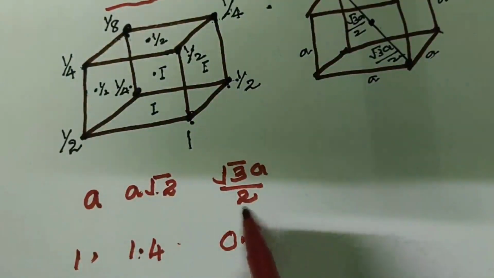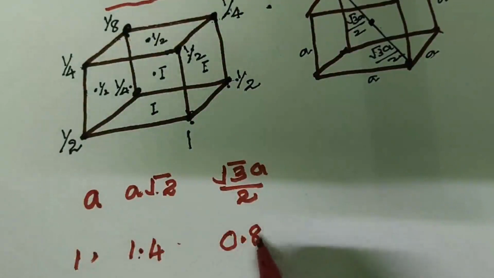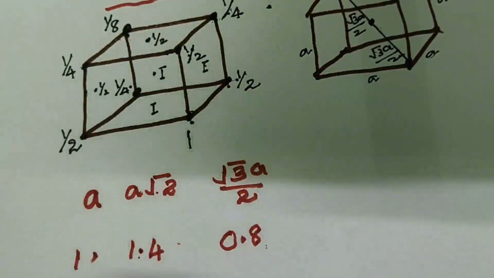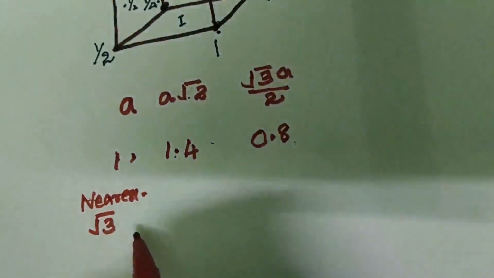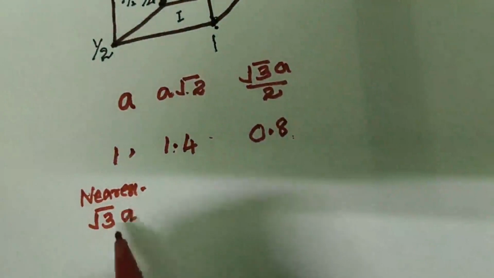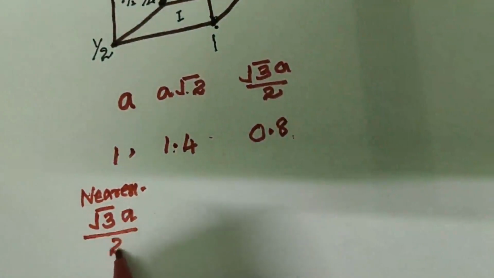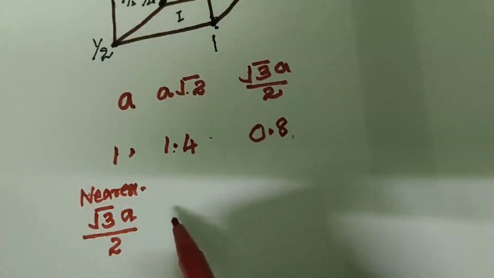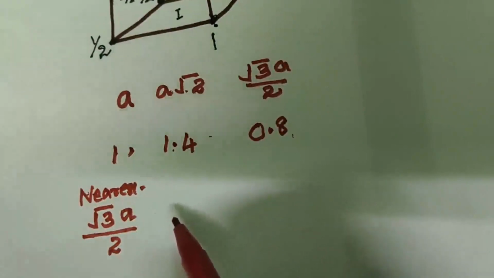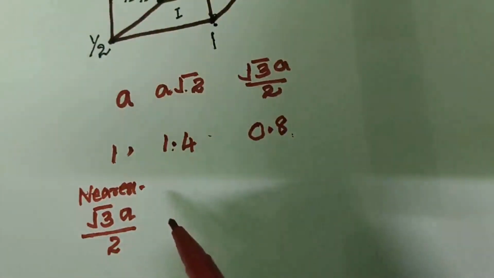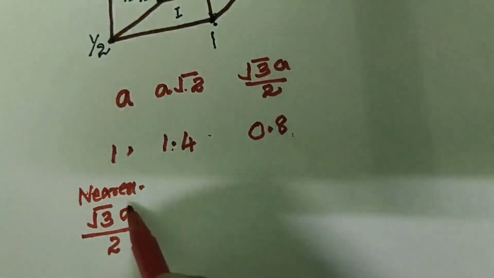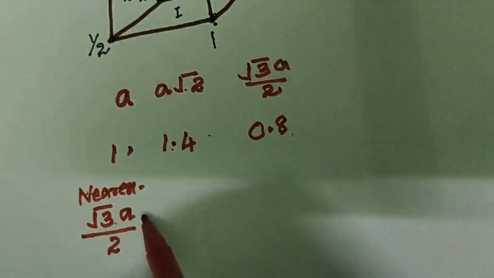So which is the nearest distance? The nearest distance is root 3 a divided by 2. This is the first nearest, root 3 a by 2.